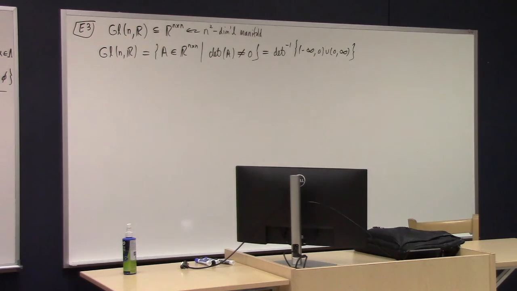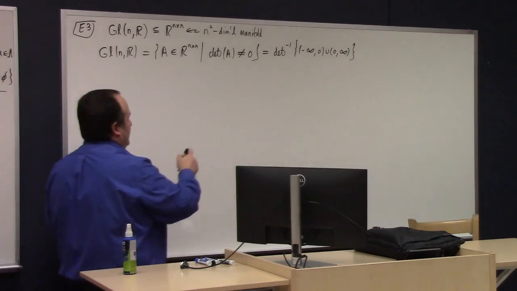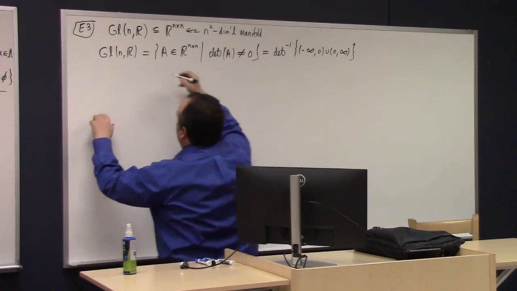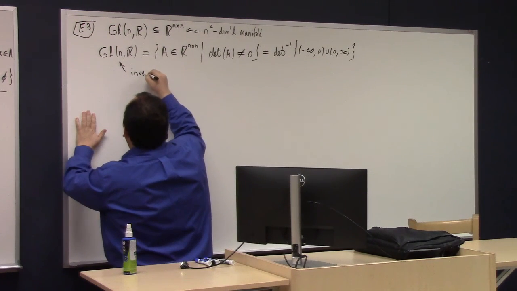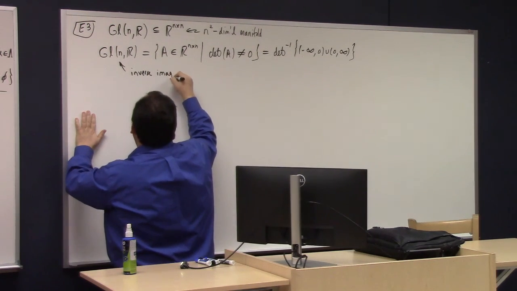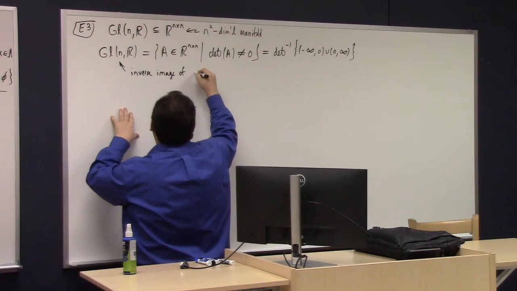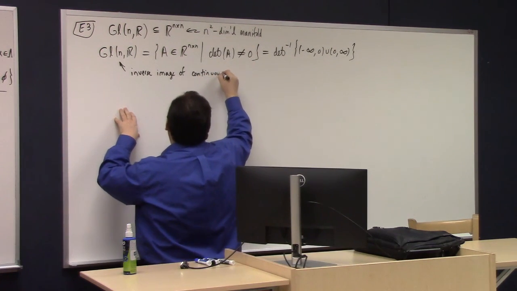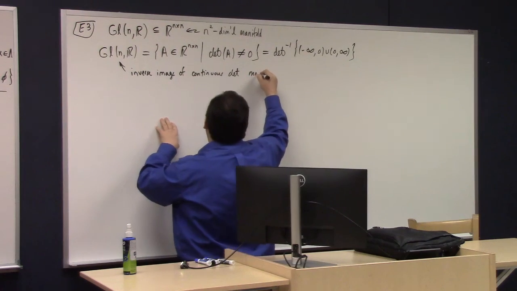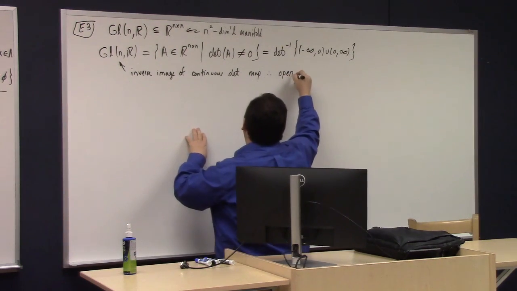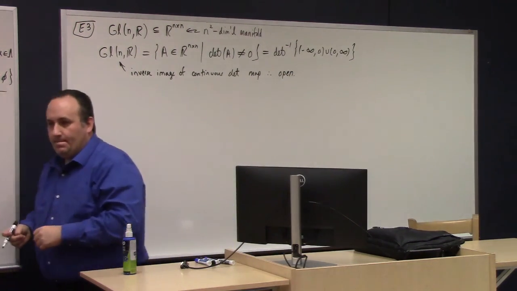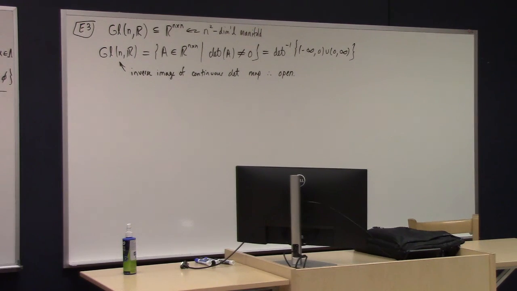That's a continuous function. Therefore, this is the inverse image under a continuous function, so it's an open set. That's right. So, continuous inverse image of an open set, therefore it is open. But it's an n² dimensional open set.